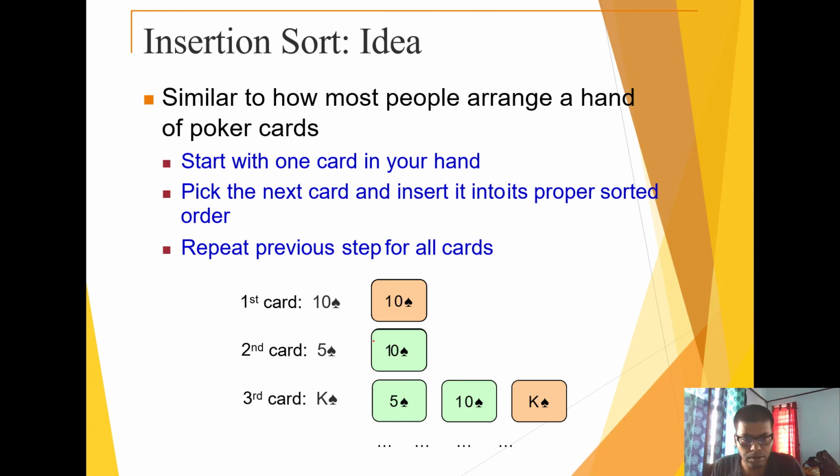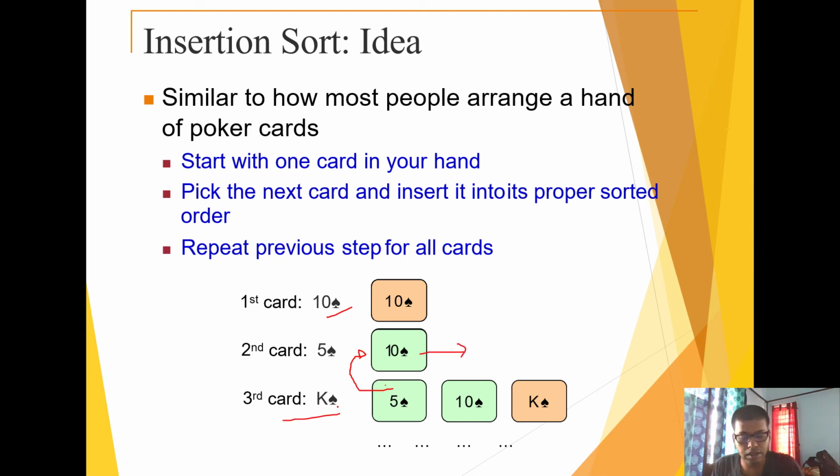So these blocks will be there. The first card we have taken is 10 of spade, then the second card is 5 of spade, so 5 of spade will be first and 10 of spade second.